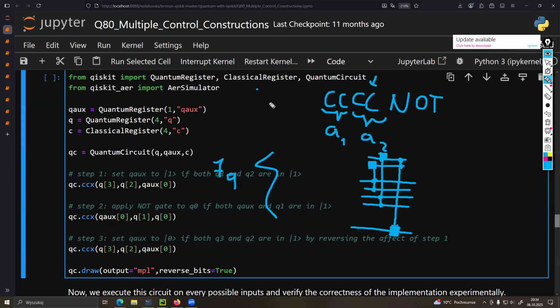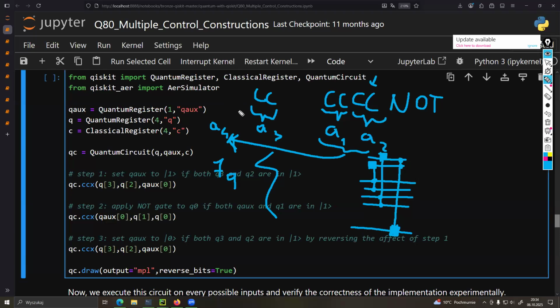If I wanted another C, I would need yet another ancilla, A3, right, to store yet another 2 conditions, and I need yet another qubit, because now look what happens. I need to AND these two, so I need to do this, right?